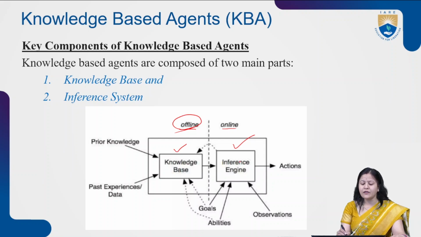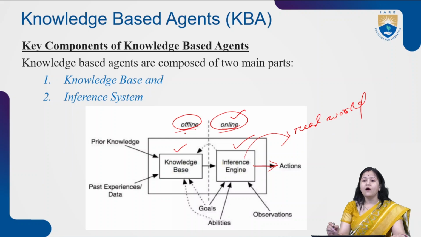That means it retrieves the knowledge from the knowledge base, and based upon the observation for the agent, based upon the goal of the agent, and based upon the knowledge present inside the knowledge base, it takes the decision as well as it performs the action. How does it perform the action? It interacts with the real world and it performs the action. That is why it comes under online.